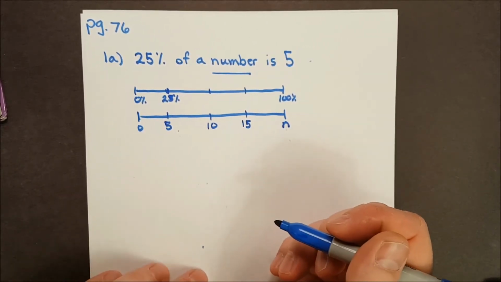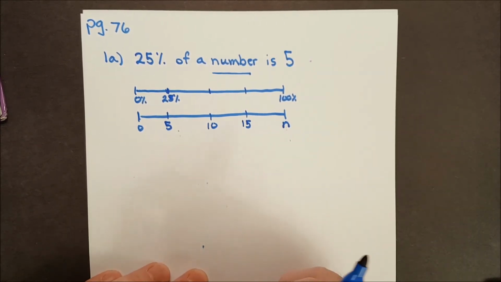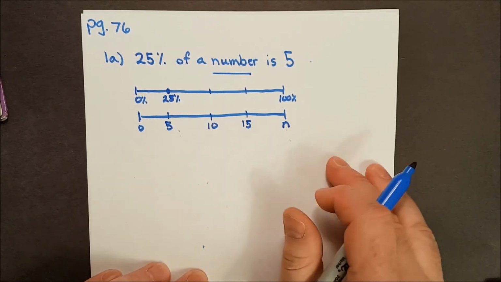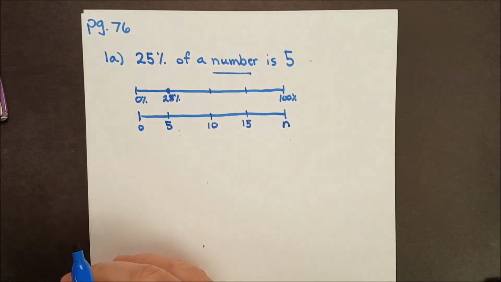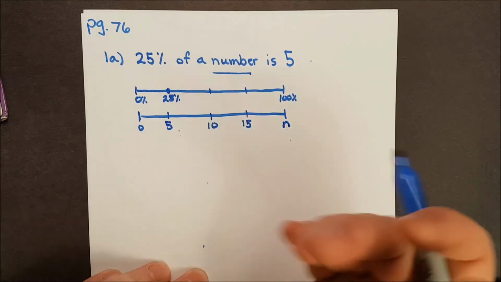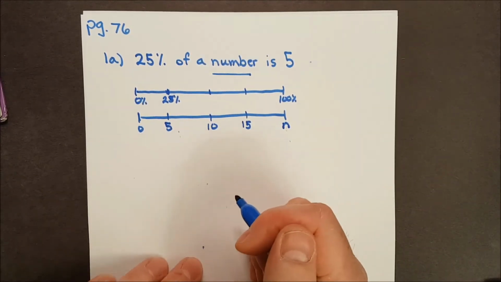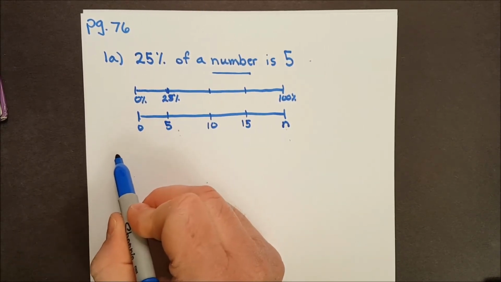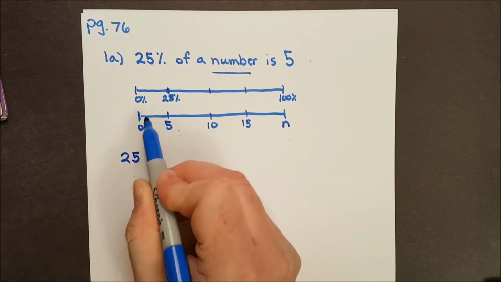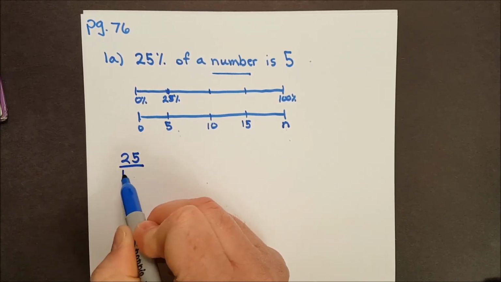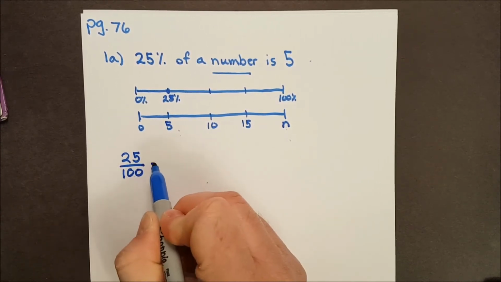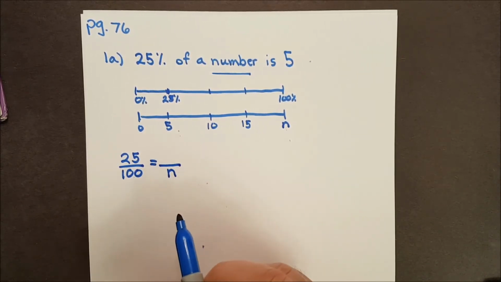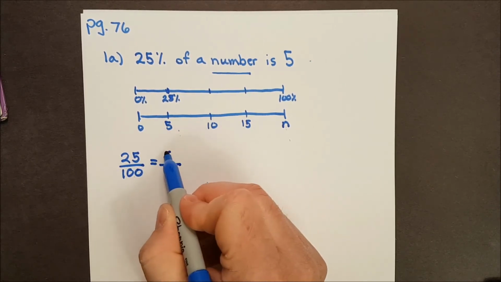So let's look at solving this using the balance model. We are going to start with a balance model, but then we're going to show you how to solve this using a different method, the same way that we used unit rates. Let's start with the balance model. So 25% means 25 out of 100, or 25 per 100, which equals some number that we do not know, so 100% of some number that we do not know, over 5.